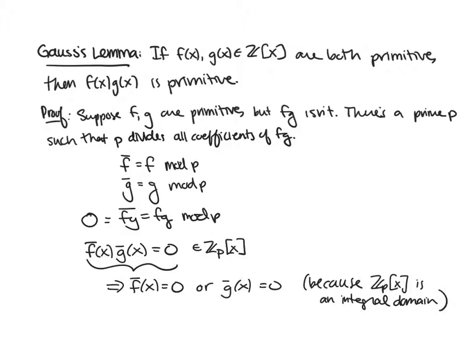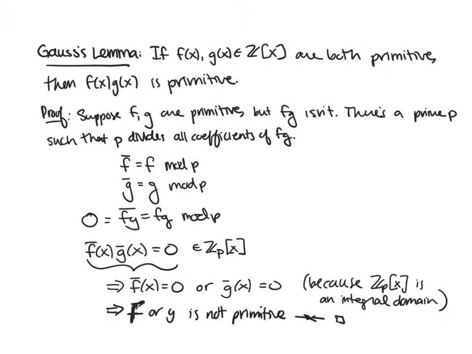Alright, well, if f(x) or g(x) reduce to the 0 polynomial, that means all of their coefficients are multiples of p. So that implies that these are not primitive. So f or g is not primitive, and that's our contradiction. And that completes our proof. So the product of two primitive polynomials is a primitive polynomial.